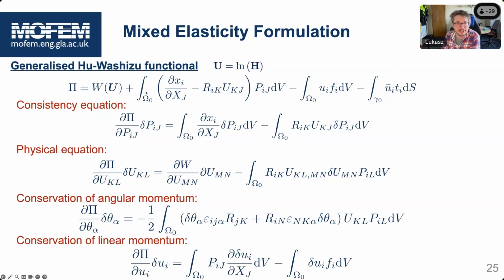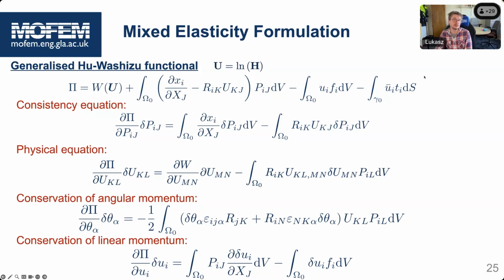This equation shows the consistency between the deformation gradient calculated from the spatial positions and the gradient of deformation approximated by those exponential maps, and that is weighted by the Piola-Kirchhoff tensor. This is the work of the body forces, and this is the work of the tractions.